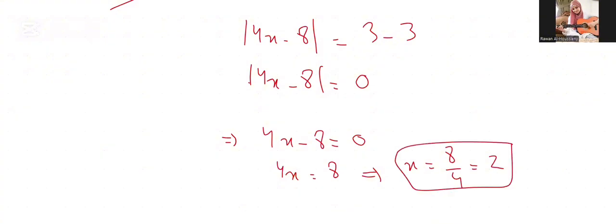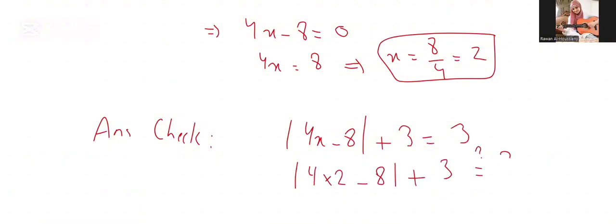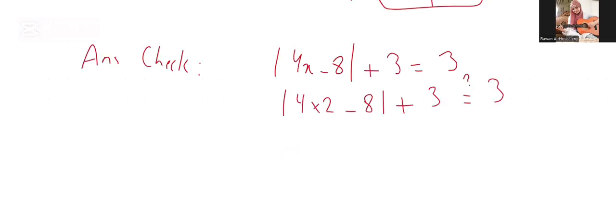x equal to 2. Let's do an answer check now. The equation was the absolute value of 4x minus 8 plus 3 equal to 3. So now let's replace x by 2. So 4 multiplied by 2 minus 8 plus 3. I want to see if it gives me 3 or not. So 4 multiplied by 2 is equal to 8, minus 8, plus 3.